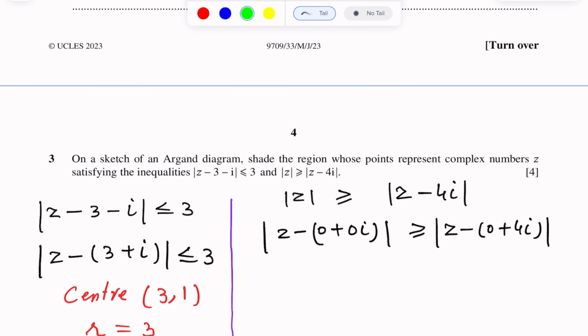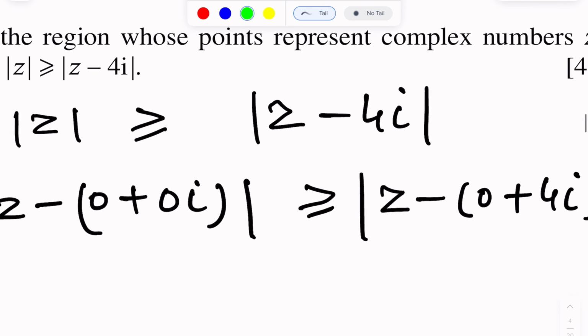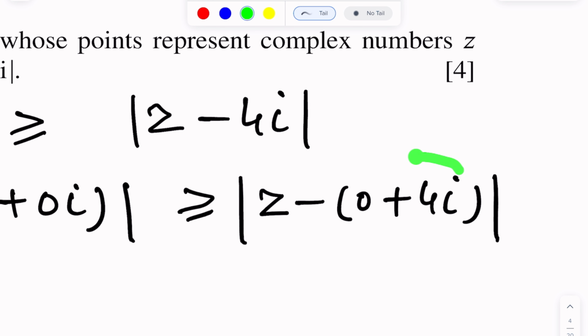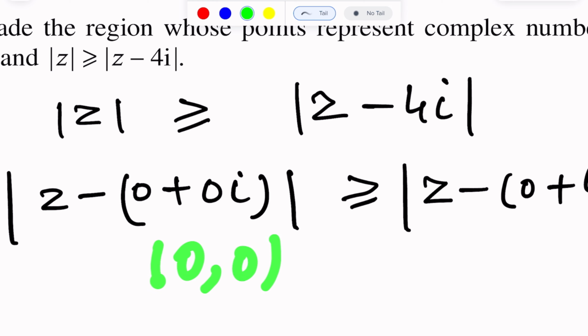Now in this left hand side, (0, 0) shows the origin and this complex number shows the point (0, 4).